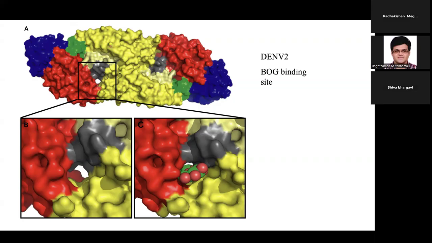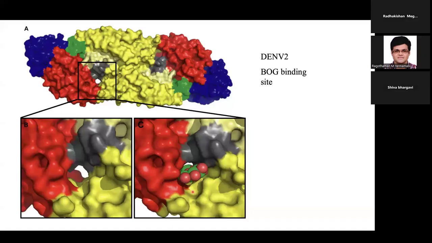In between these two chains, you can see a cavity, and in the crystallographic data, that was bound with a beta OG, or we call it BOG. It's a detergent, and it was small enough that it was able to bind to the particular cavity.